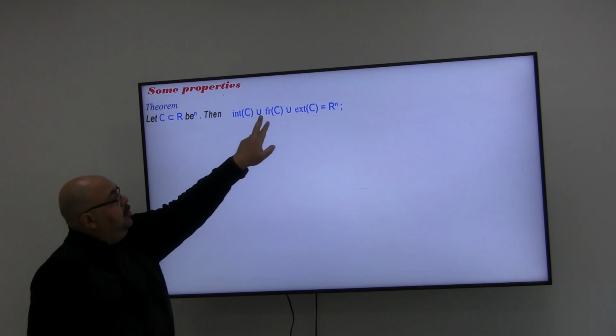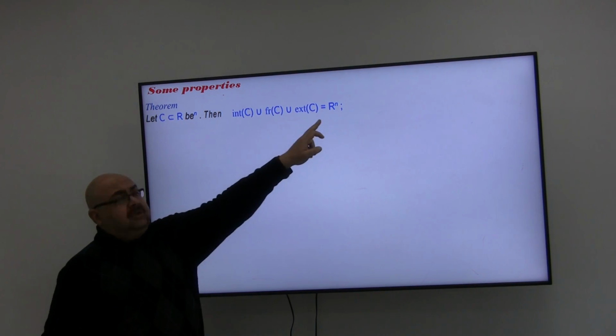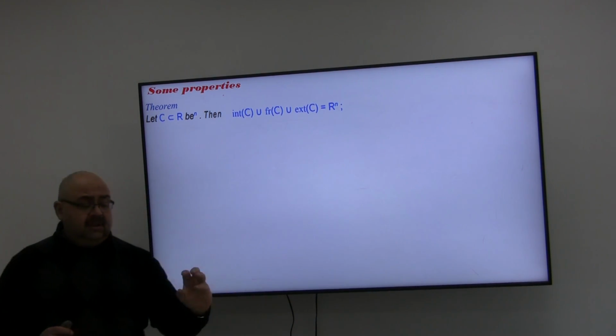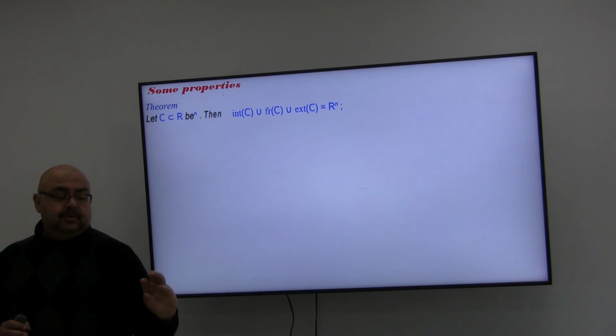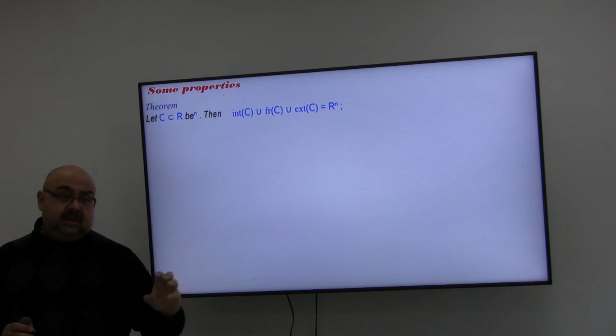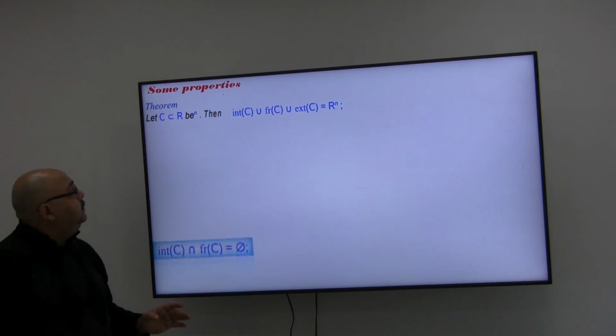Some properties about the relations. C is completely contained in Rn. Then the interior union frontier union exterior, that's the complete set. That's Rn. If I have a set and take the interior union the boundary union the exterior, they will give you your set.